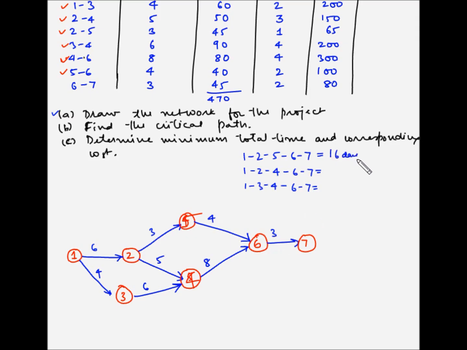So 16 days. 1, 2, 4, 6, 7: 6 plus 5, 11, plus 8, 19, plus 3, 22. And last is 1, 3, 4, 6, 7: 4 plus 6, 10, plus 8, 18, plus 3, 21.